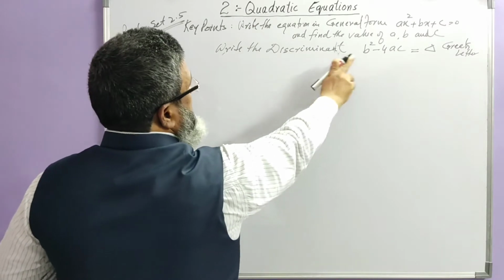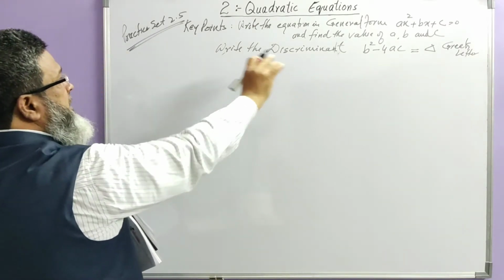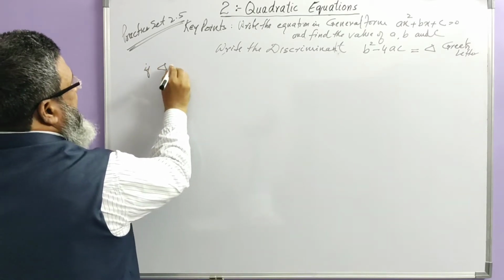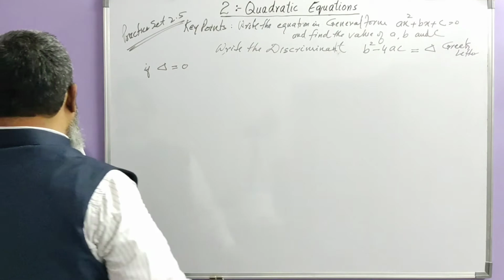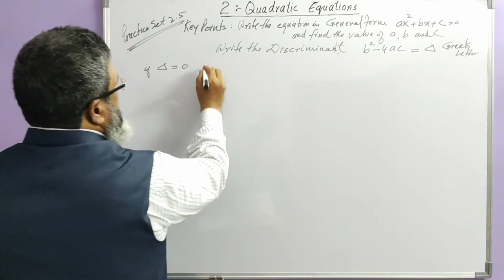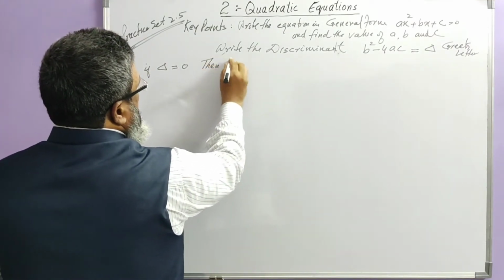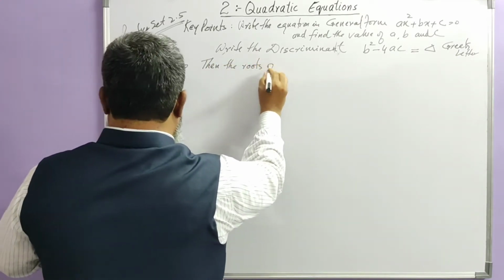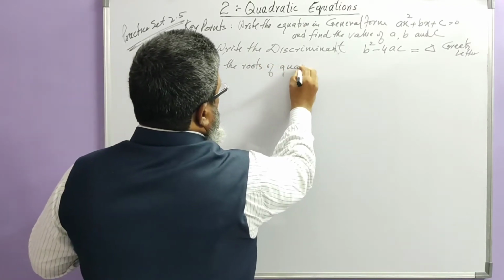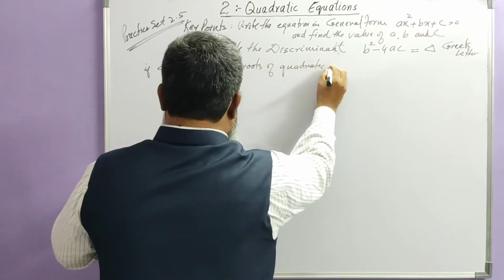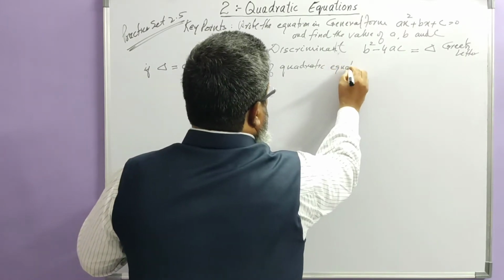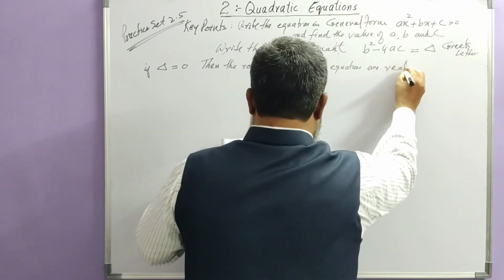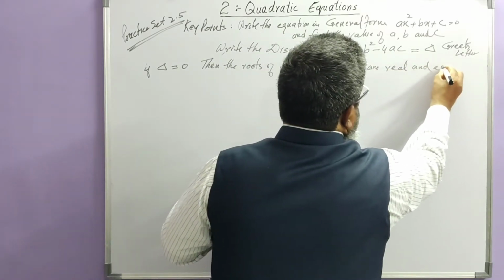Find the value of b square minus 4ac, that is the discriminant. If delta is equal to 0, then the roots of the quadratic equation are real and equal.